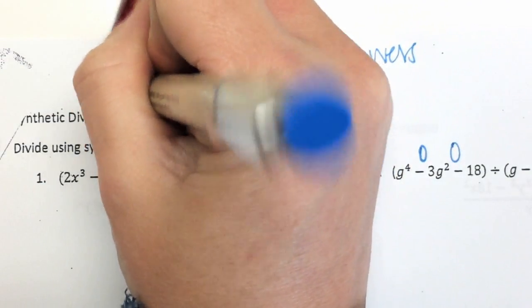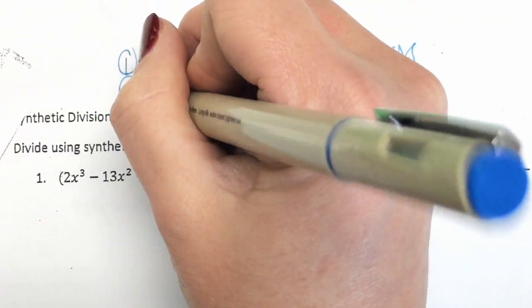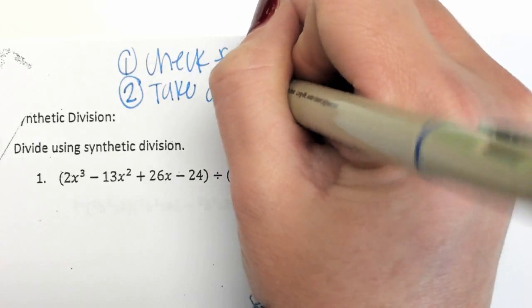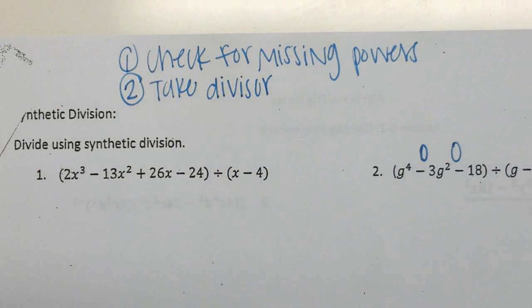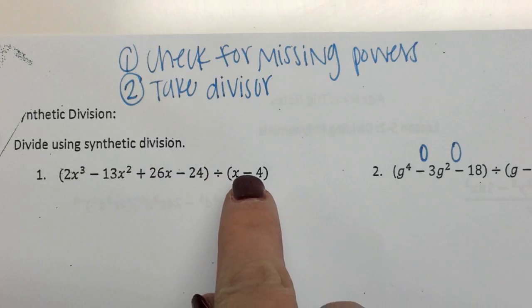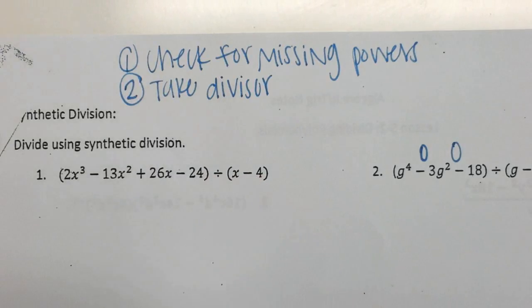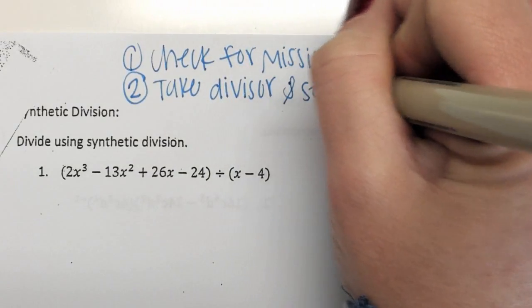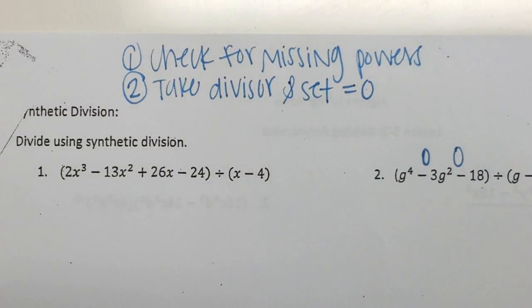Alright, step 2. Take divisor, and when I say divisor, the one I'm talking about is the little one, the one we're dividing by. Okay, take divisor, set equal to 0 to solve for x.